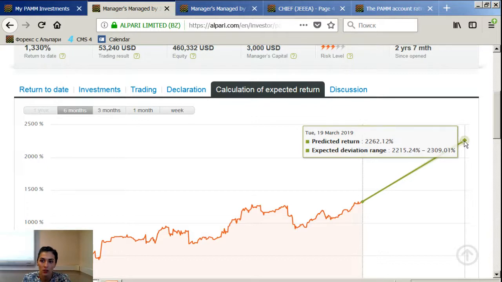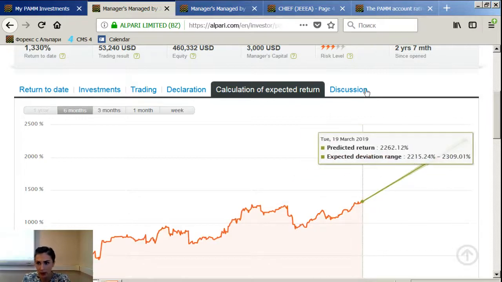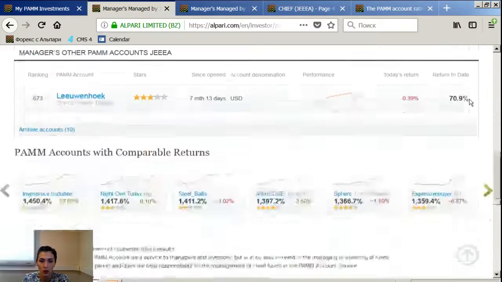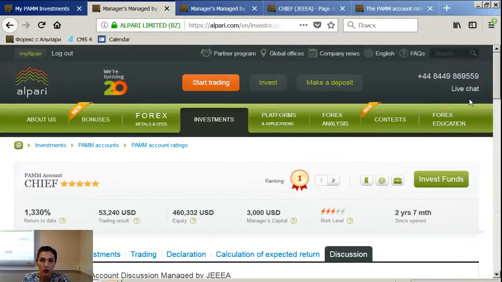Because of this, you can see predicted return here, but be careful and don't understand it as a forecast, like something that will be exactly so. No, it's not about this. Okay, the PAMM account monitoring, I think you understand all that I said.